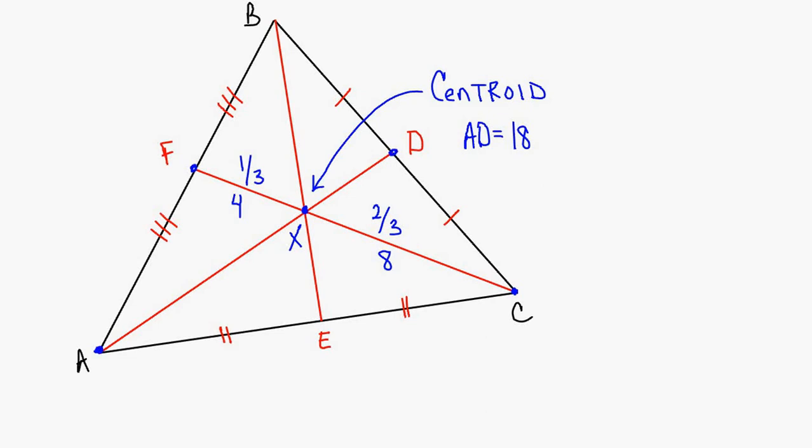And you're asked to find D to X. D to X is going to be 1/3 of the whole piece. What's 1/3 of 18? 6. So this piece right here is 6. D to X is 6. What's X to A going to be equal to? 12. It's going to be equal to 12. Good. It's twice as big as the little piece. So XA equals 12.